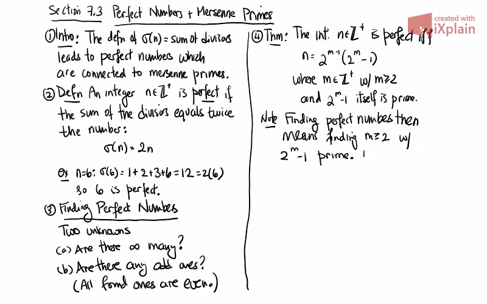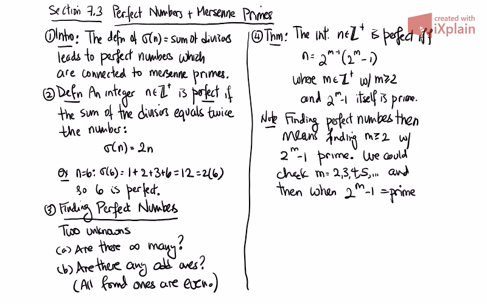I mean, this is not a feasible approach, but we could check m equals 2, 3, 4, 5, etc. And then when 2 to the m minus 1 is prime, if that happens, then we get a perfect number.